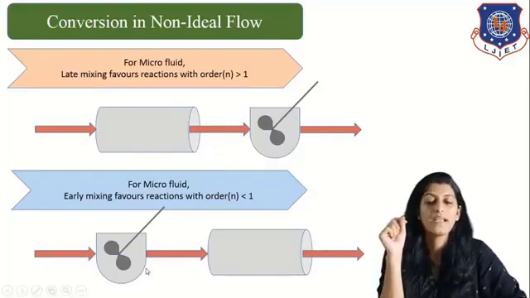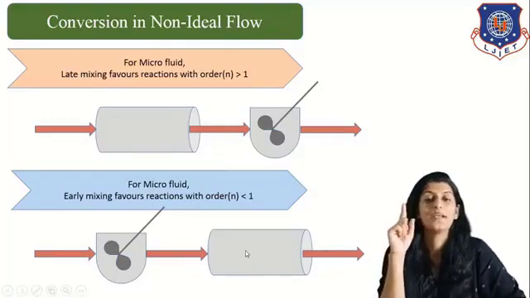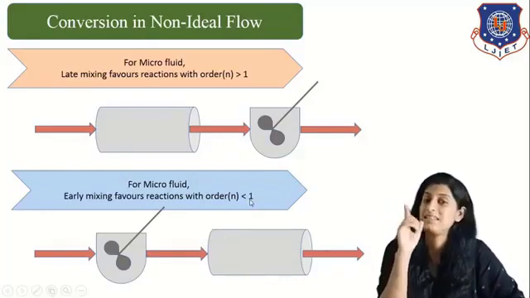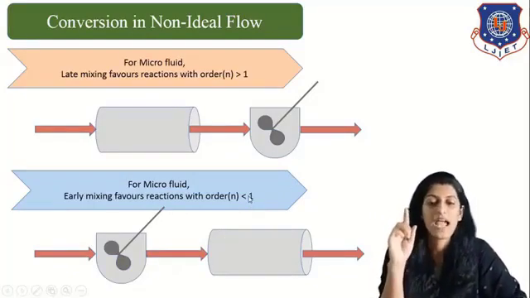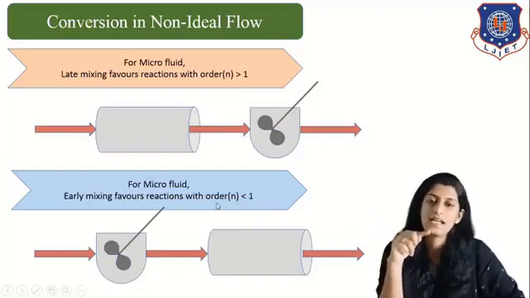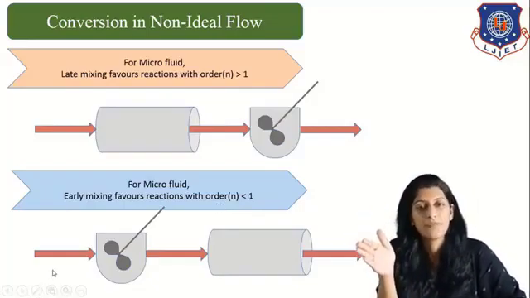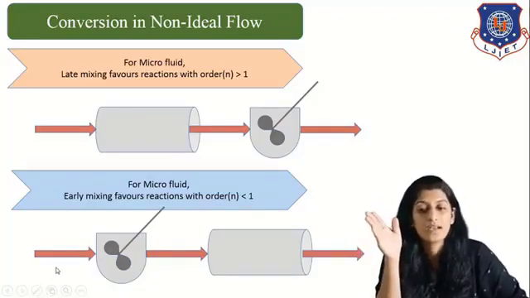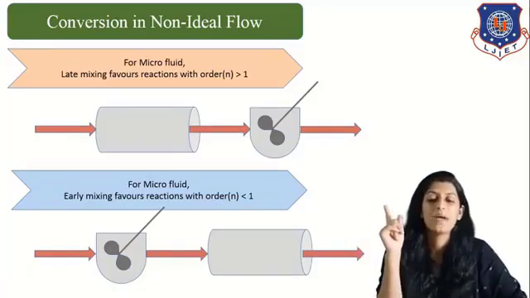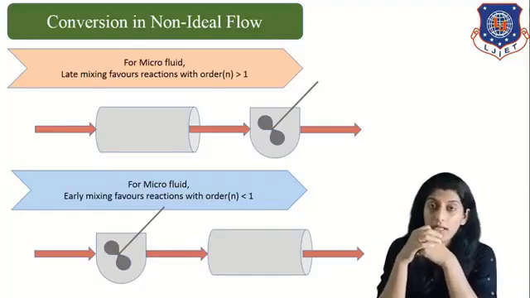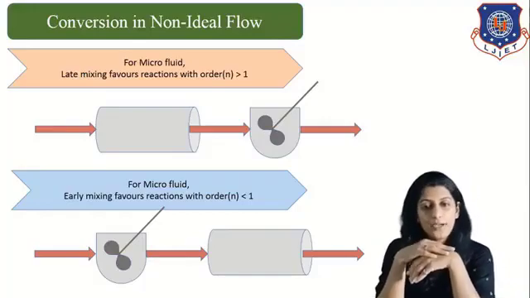If the reaction order is less than 1, then early mixing is preferable. We should go for early mixing. But just remember one thing, both these cases are for microfluid, not the macrofluid.